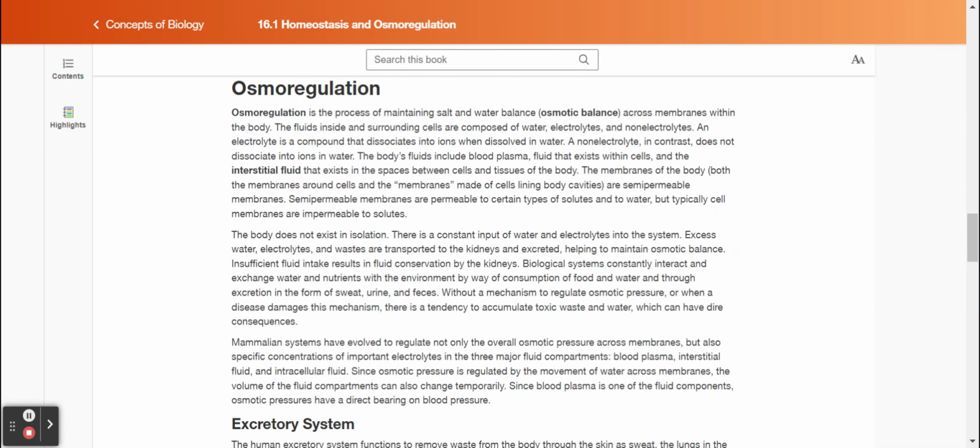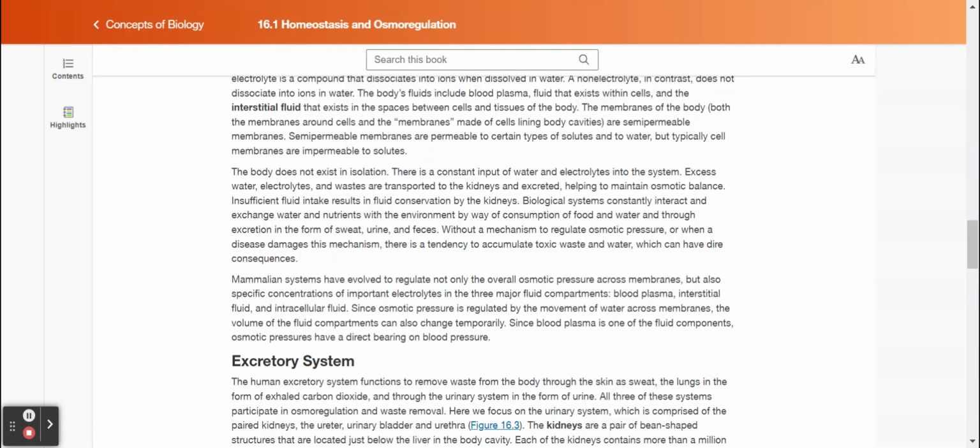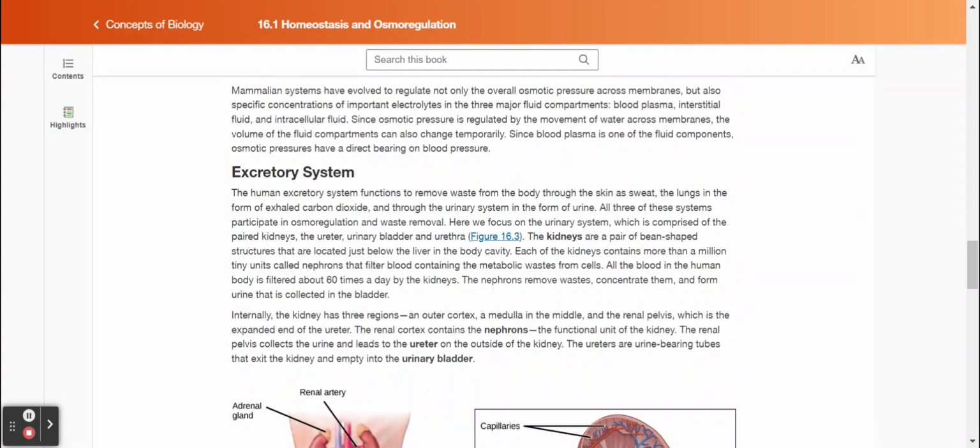Without a mechanism to regulate osmotic pressure, or when a disease damages this mechanism, there is a tendency to accumulate toxic waste and water, which can have dire consequences. Mammalian systems have evolved to regulate not only the overall osmotic pressure across membranes, but also specific concentrations of important electrolytes in the three major fluid compartments: blood plasma, interstitial volume, and intracellular fluid.